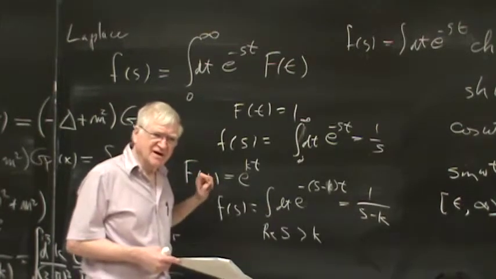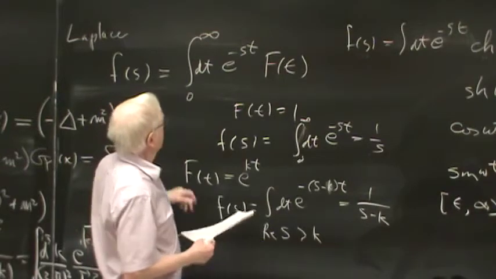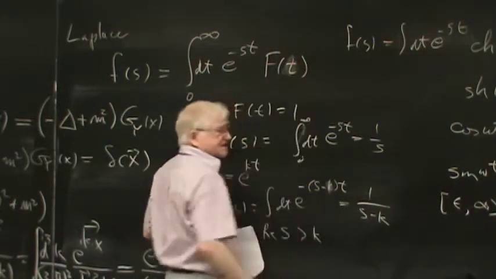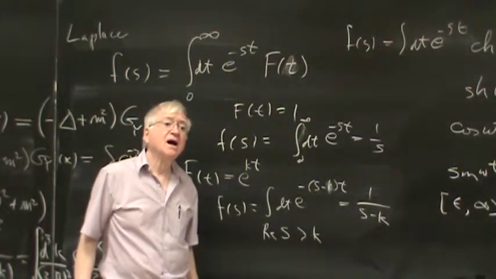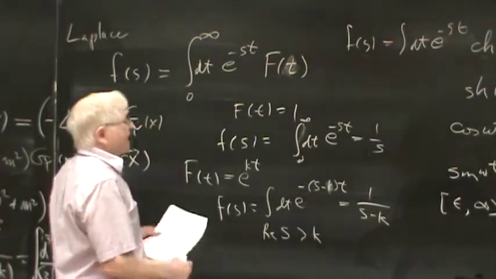F of epsilon? It looks like an epsilon. Sorry, it's supposed to be a t. Oh, you're right, this is t. Goodness, sometimes I don't write clearly. If we switch from s to t and back to s, is that going to be the same s and nothing has gone wrong?